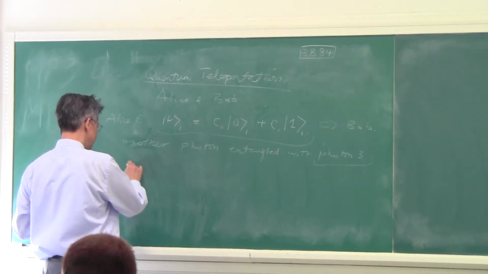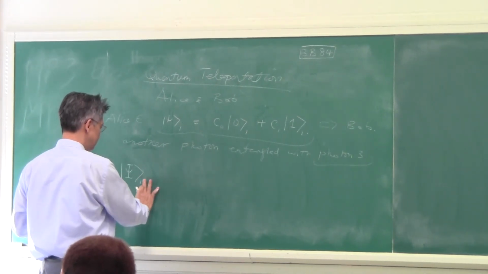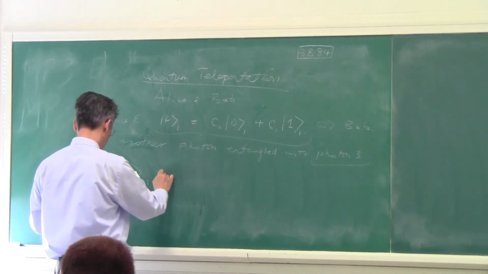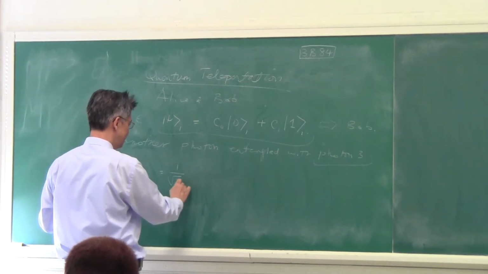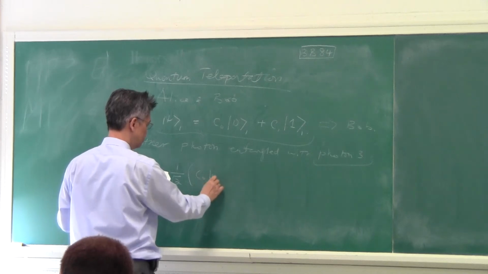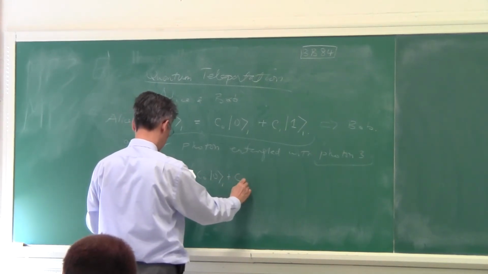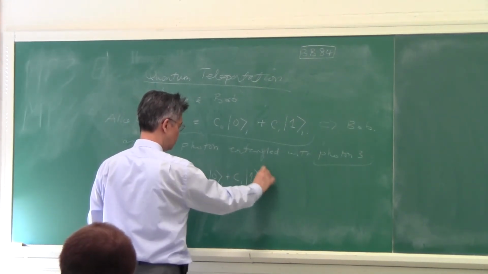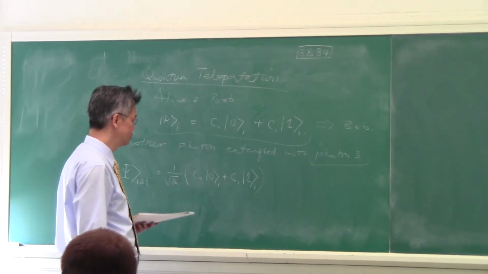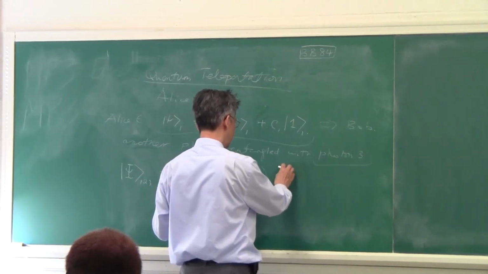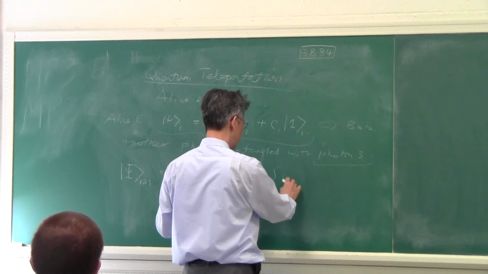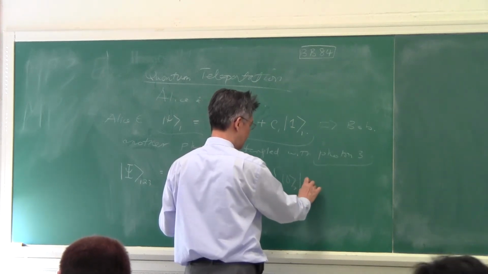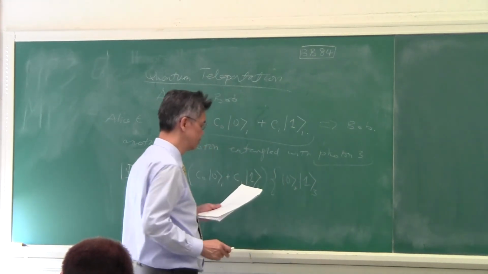And let's describe the state of the 3 photons: one belongs to Alice, and the other is an entangled pair, where Alice has part of this and Bob has the third photon.